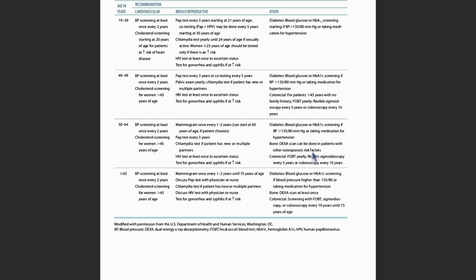Bone DEXA scan can be done in patients with other osteoporosis risk factors. Colorectal: FOBT yearly, flexible sigmoidoscopy every 5 years, or colonoscopy every 10 years. That's similar to this, right? But the thing that we started doing is DEXA scan now after 50.